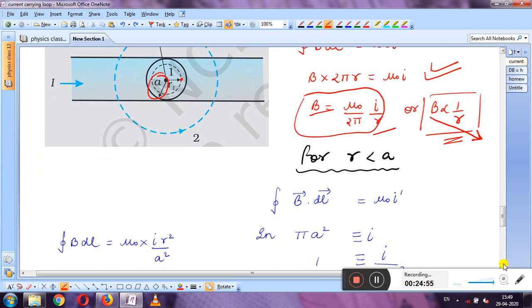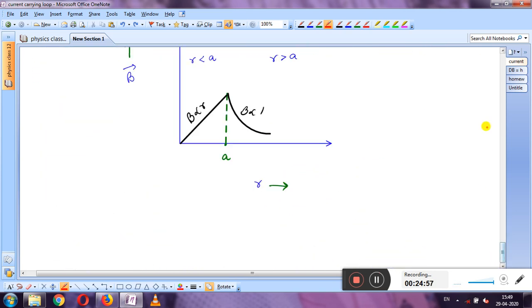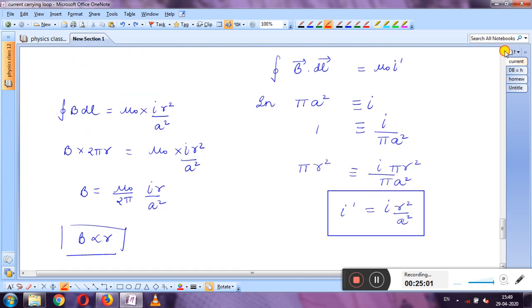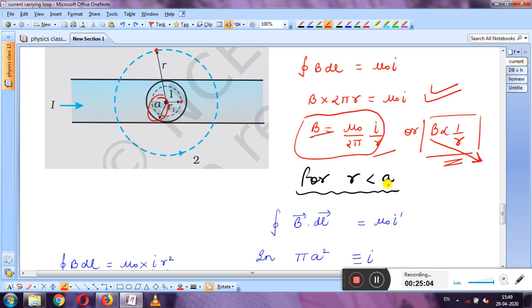Now let us look at the part when we are finding the field inside the wire. We have a point now, and this time the point is inside the wire. As you can see, r is less than a. This point, wait a minute, I will show you. This distance was written here as r1, but do not take it equal to r1.